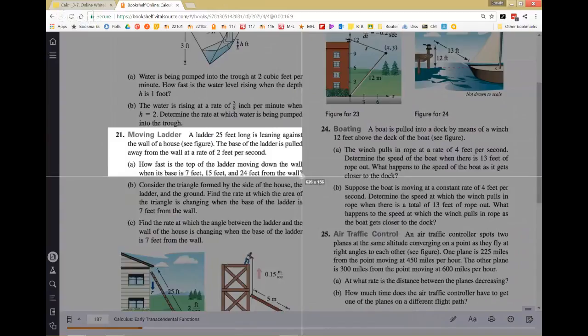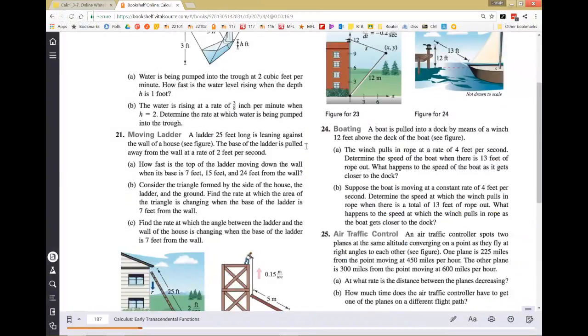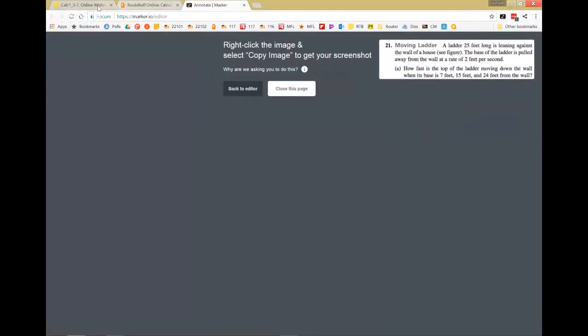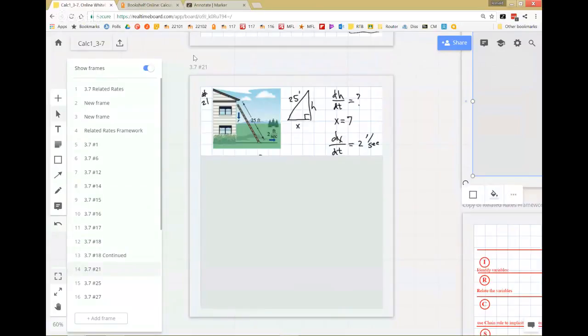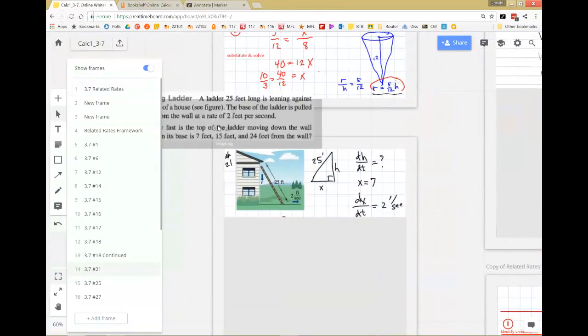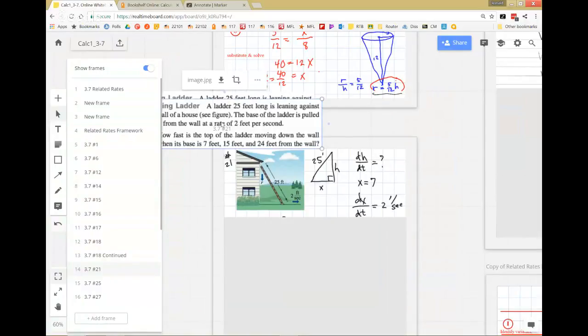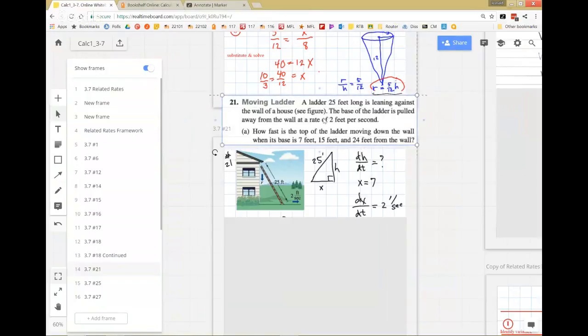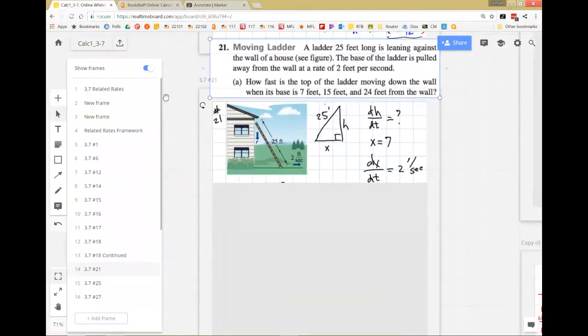I think I'm just doing part A here. You guys can finish this up. Copy the image. Okay, here we go with 21.